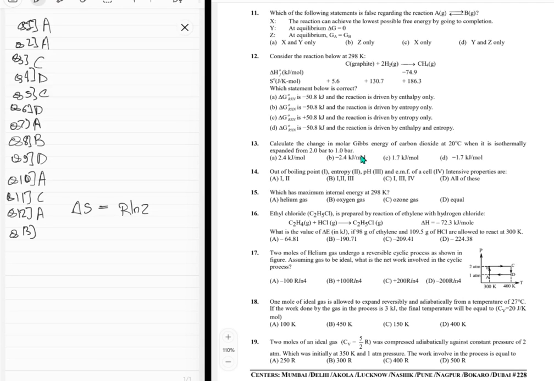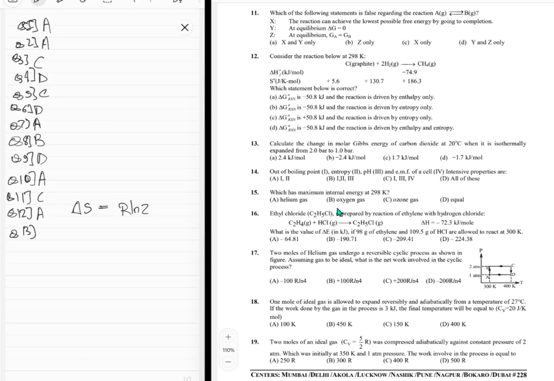What is your change in delta H? If it's isothermal, your delta H is basically 0, because the final and initial states have the same enthalpy as they have the same temperature.